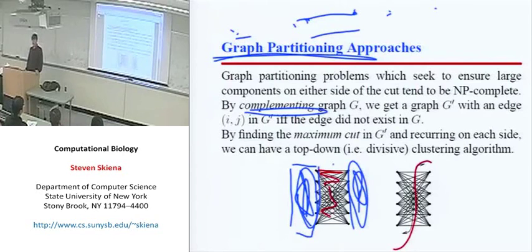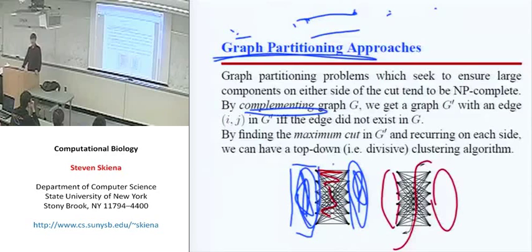Why is that? I am now going to want to cut as many edges as possible. Cutting many edges means I need a lot of vertices on each side. There's a quadratic number of possible edges, and the only way I can get a quadratic number of edges cut is by having a lot of vertices on both sides. Does everybody agree with that?